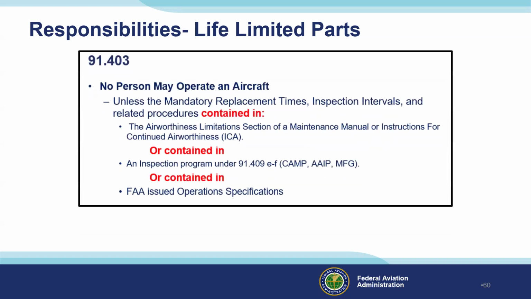And the owner, no person may operate an aircraft unless the mandatory replacement times, inspection intervals, and related procedures contained in the airworthiness limitations section or ICA, or if it's an air carrier in the inspection program, or in FAA issued operations specs, are complied with. So got to comply with the life limited parts.